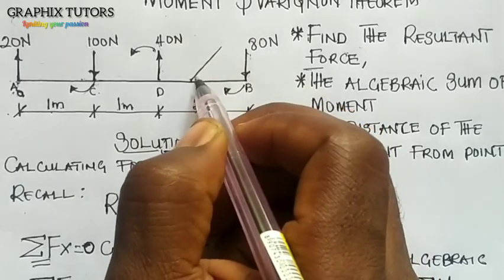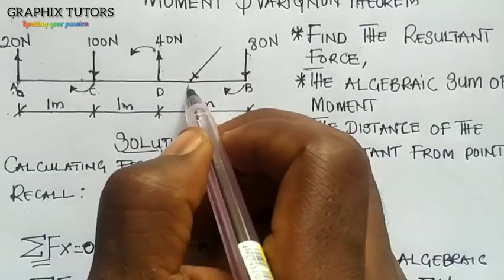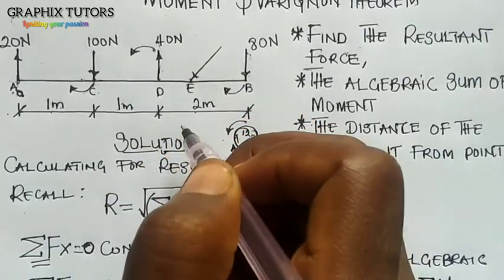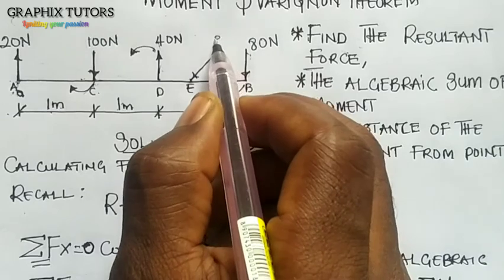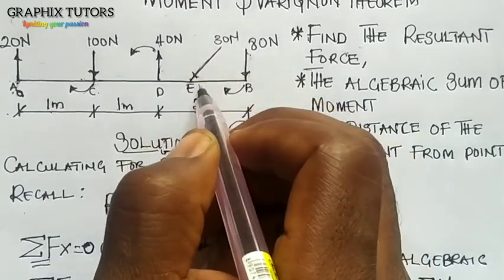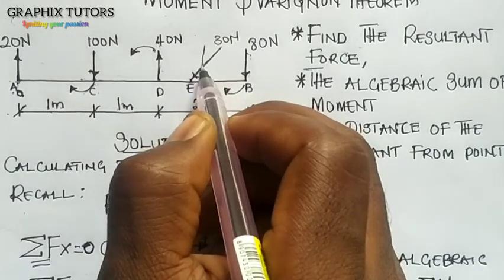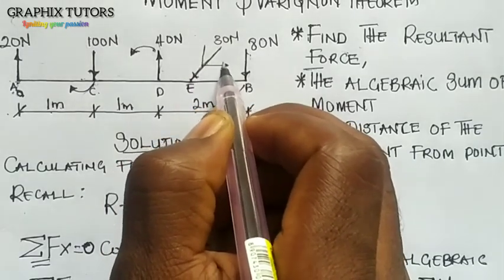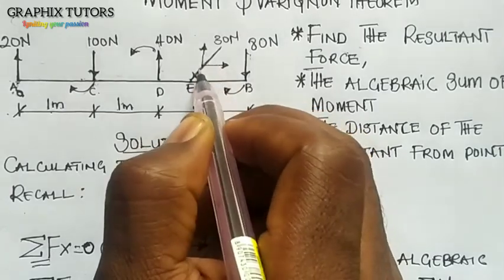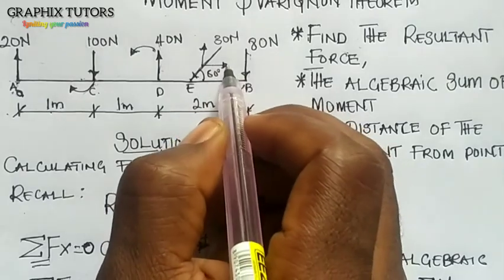Let me call this A, B, C, D, and this is point E. You can try that on your own. Now let's say this is 30 Newton. For you to use this, you must resolve. So you assume this force coming this way. Probably they gave you an angle of 60 degrees.